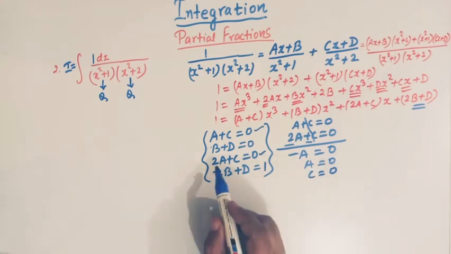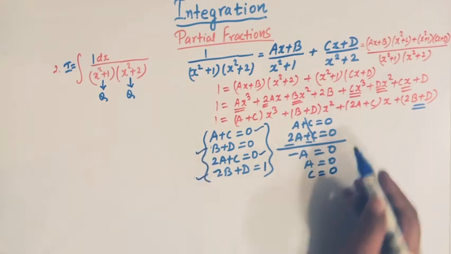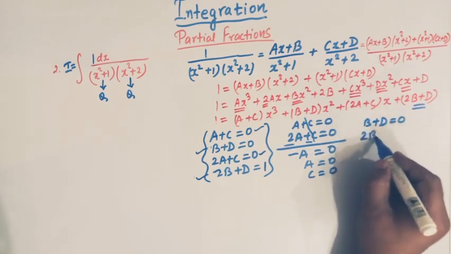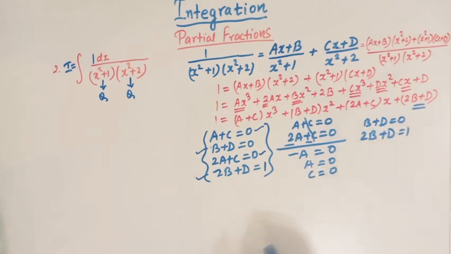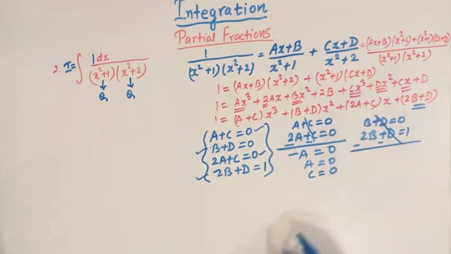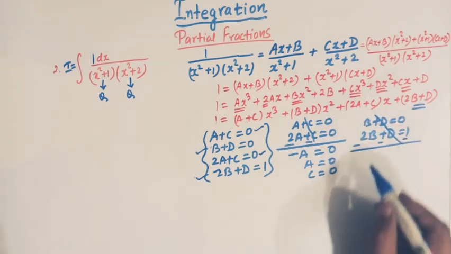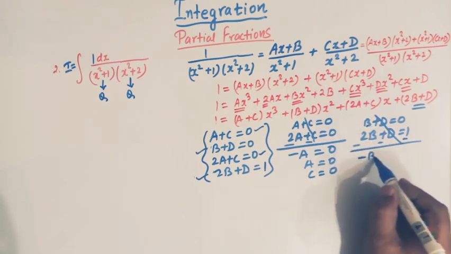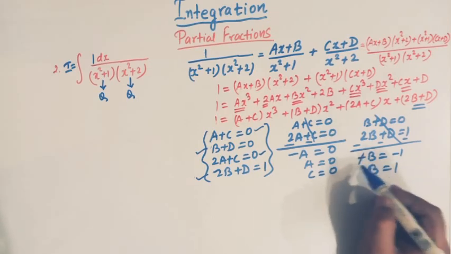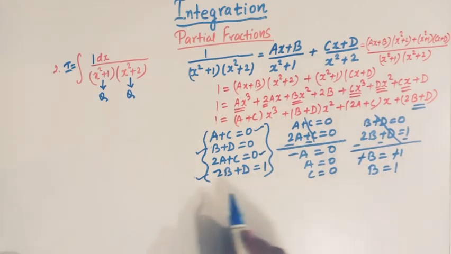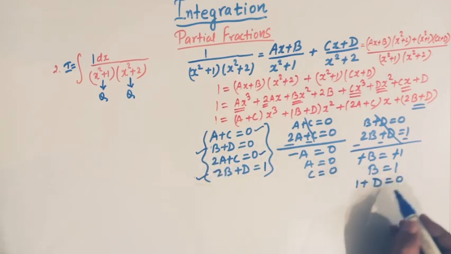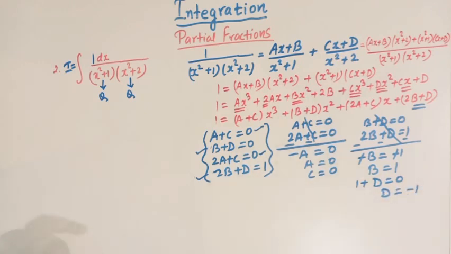Now similarly, if we solve b plus d is equal to 0 and 2b plus d is equal to 1, and subtract these two equations, then d gets cancelled. Here we have b minus 2b is minus b, 0 minus 1 is minus 1, so b is 1. And if we substitute b here, then 1 plus d is 0, so d is equal to minus 1.